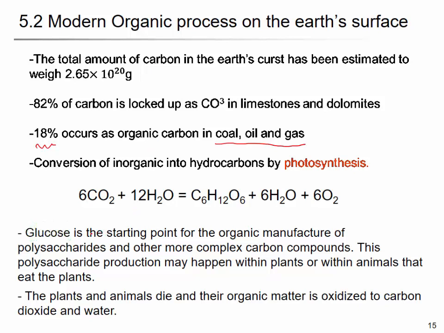And the glucose is the starting point for the organic manufacture of the polysaccharides and the other complex carbon compounds. Because this is just the basic unit for the polysaccharide. Right? The polysaccharide is the chain of the glucose. The plant, animal die, and their organic matter is oxidized to the carbon dioxide and water.